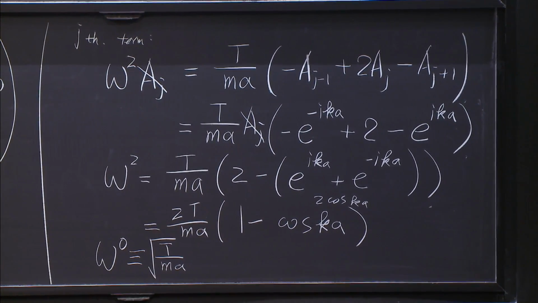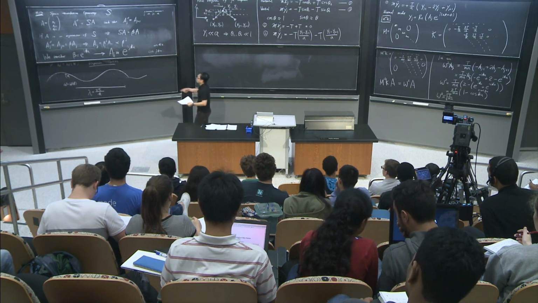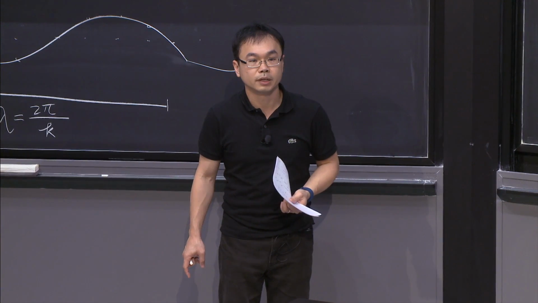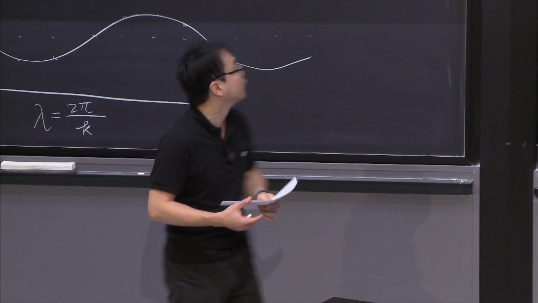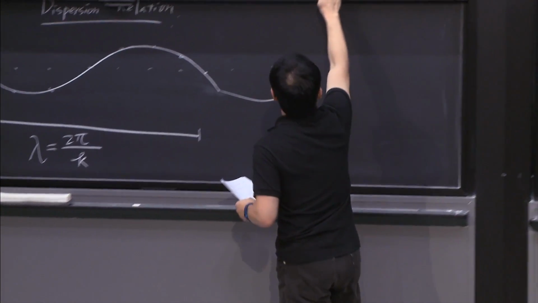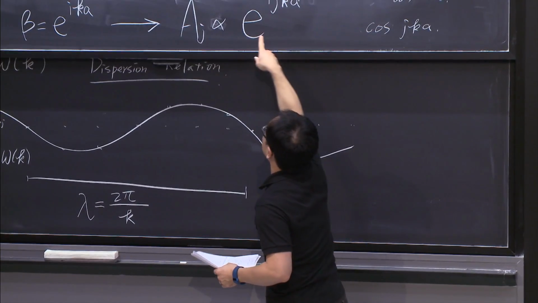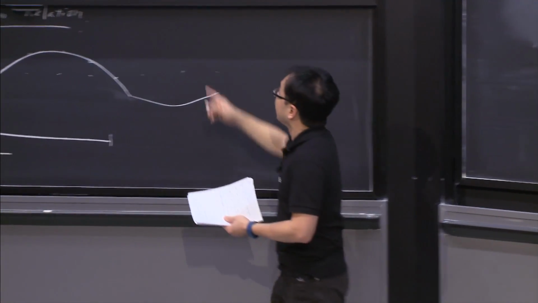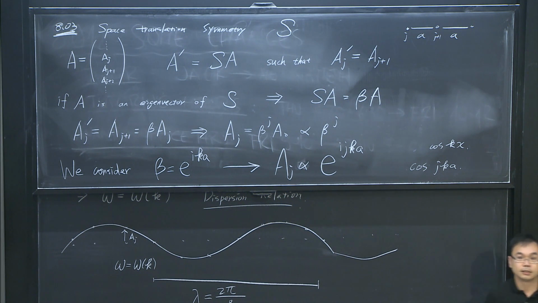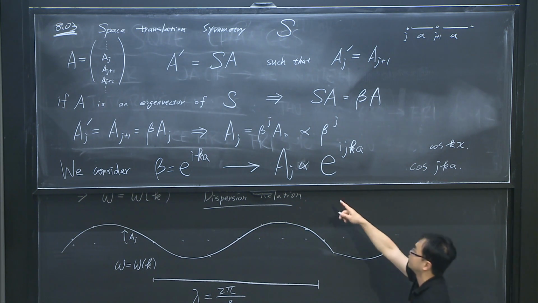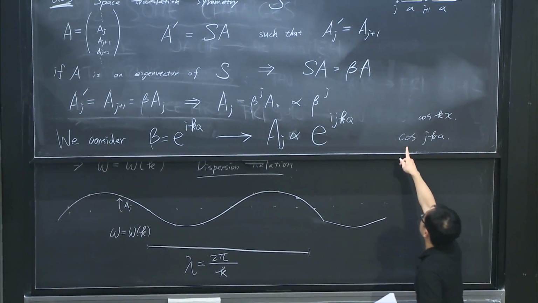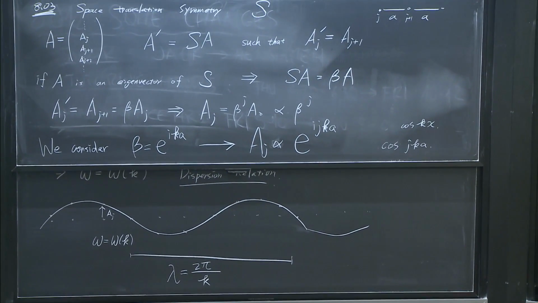The second question is, why do I say k is the wave number? Where is that coming from? That is because AJ is proportional to exponential ijka. If I take the real part, as we did when we went to the description of the physical system, then you get cosine jka.